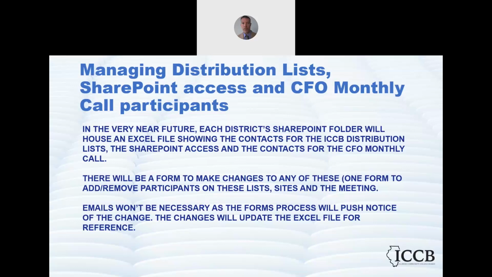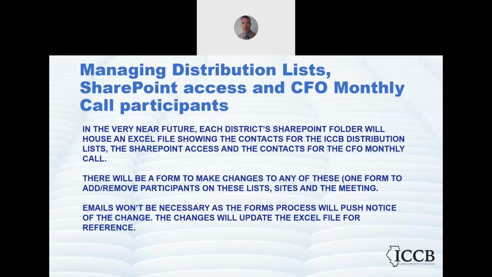You'll be able to see those and manage those through the SharePoint site, and there will be email notices pushed out so that the folks that manage the CFO monthly call list and the CFO Plus list will get those notices, but they'll be direct as you're updating the form. Once the form's submitted, they'll get a push that there is a change to be made, and then those changes will be reflected in your Excel file for you to know who's on these various lists in real time. So that's coming real soon, and there'll be a follow-up notice on that.